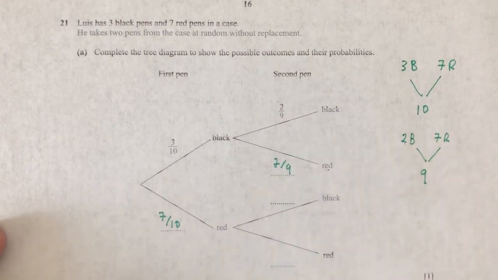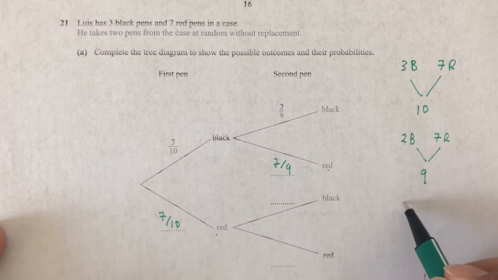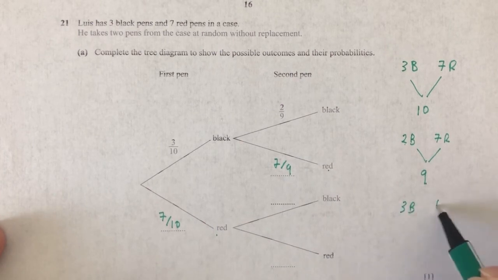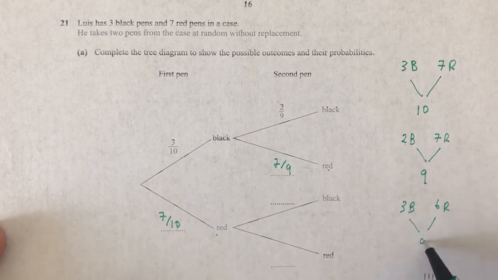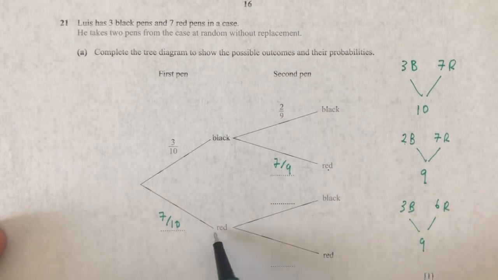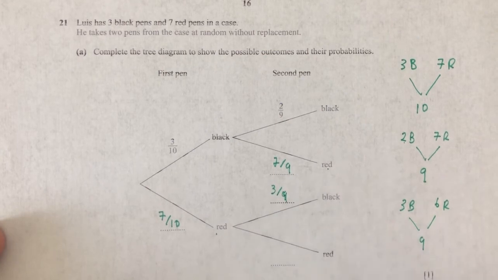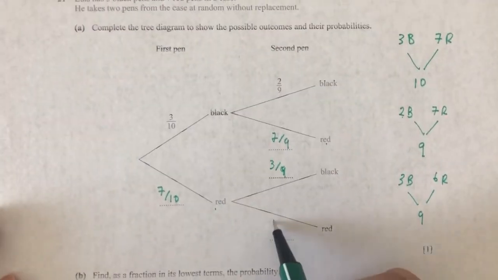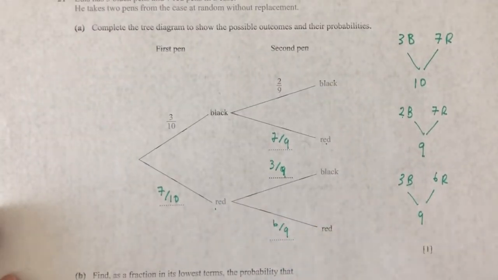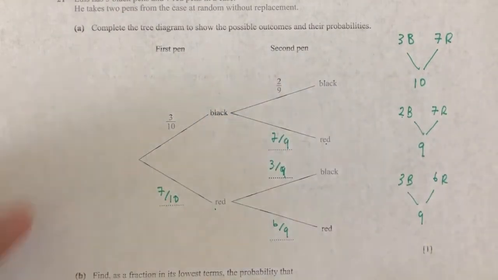And if we take a red pen first, we will have 3 black pens remaining and 6 red pens, and that adds up to 9. So if you take a black pen, it will be 3 over 9. If you take a red pen, it will be 6 over 9. And that is the tree diagram for this question.